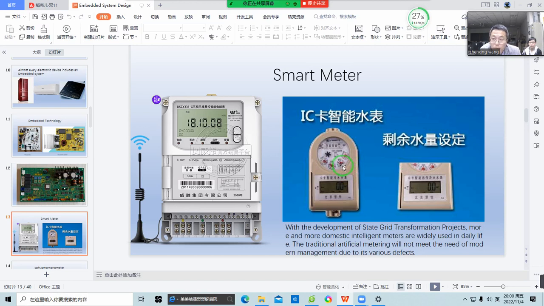This is also a kind of meter. It's a water meter. It's similar to this kind. Here is an electrical meter. Here is a water meter. So you can calculate how much water you have used. This is an IC card intelligent water meter.